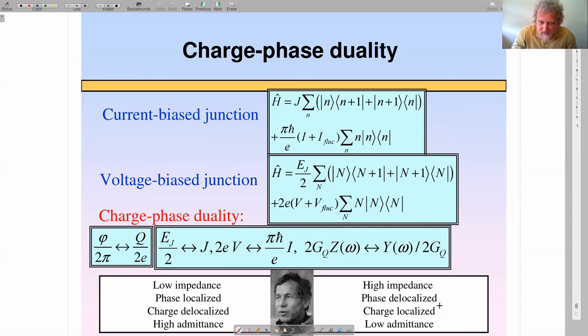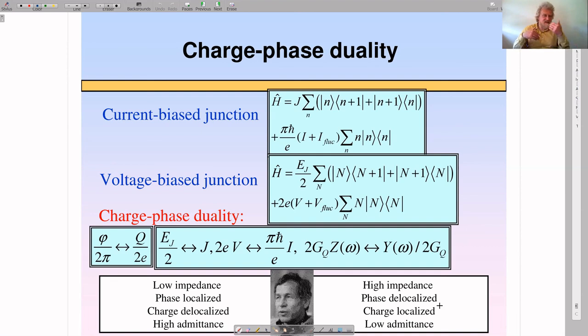But what is kind of interesting in this picture, since charge and phase are dual variables, very much like momentum and coordinate are dual quantum mechanical variables for a particle, the roles of current and voltage, impedance and admittance.